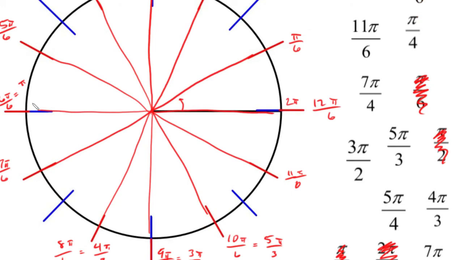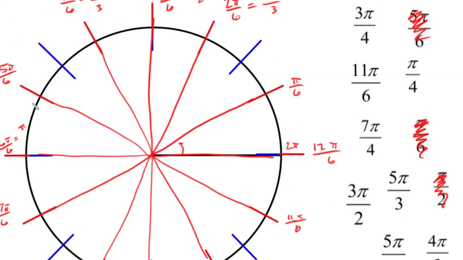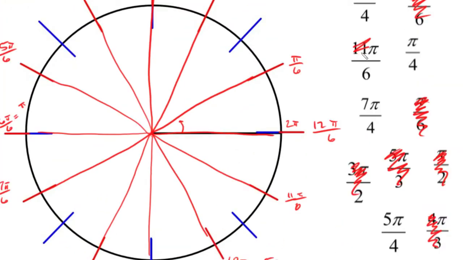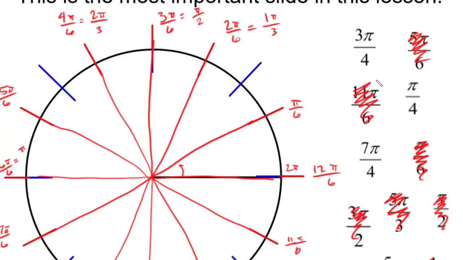And then we got our 7 pi over 6, which is right here. And then we got our 4 pi over 3, which is here, and our 3 pi over 2, which is here, and our 5 pi over 3, and our 11 pi over 6. All right. Now, that is all of the pi over 6 30-degree angles.